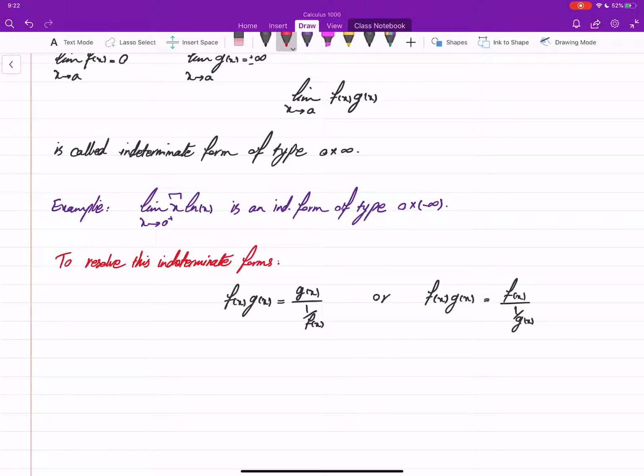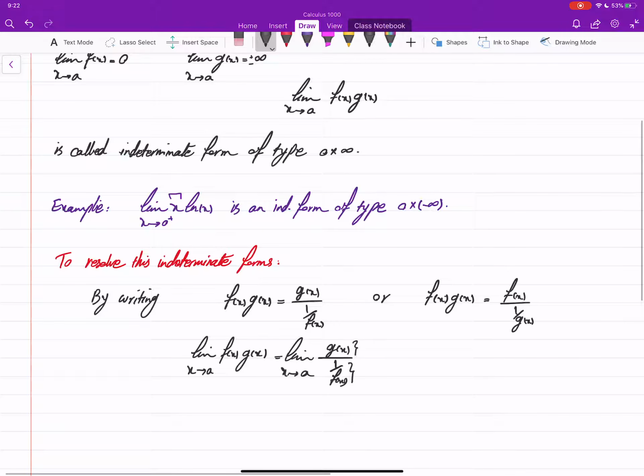By writing this, the limit of f of x times g of x, which was 0 times infinity, now is of the form g of x over 1 over f of x, which, as x goes to a, has 1 over 0 in the denominator, which is infinity.